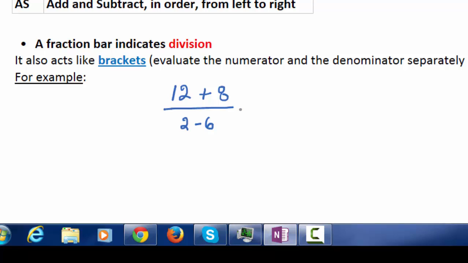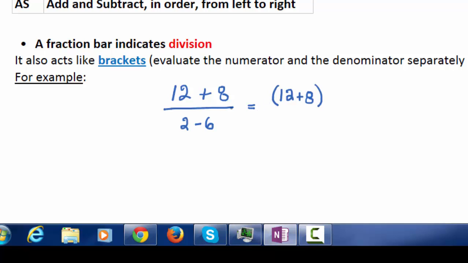This division bar acts exactly like division. So do you think that we're going to do 12 plus 8 divided by 2 minus 6? No. Actually, we imagine that 12 plus 8 is already in brackets.